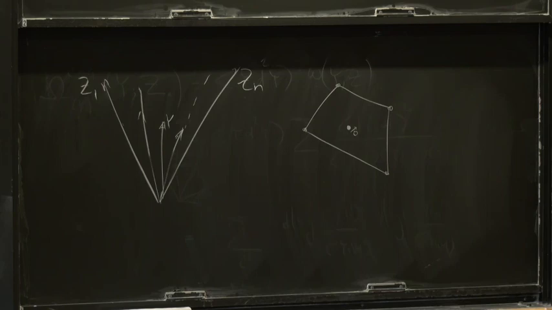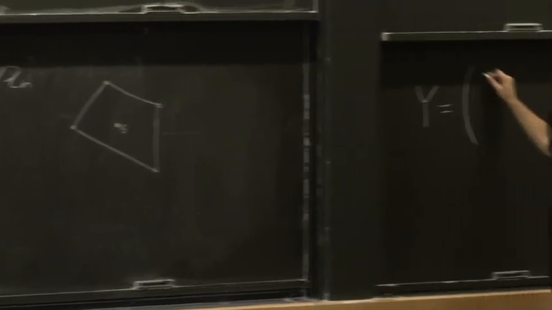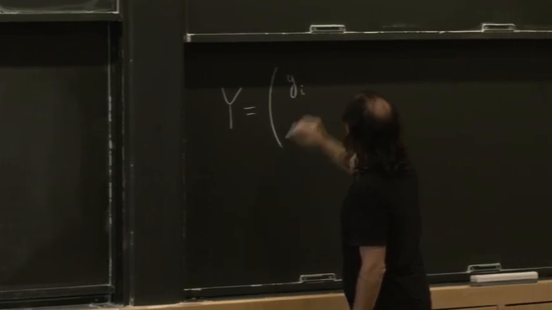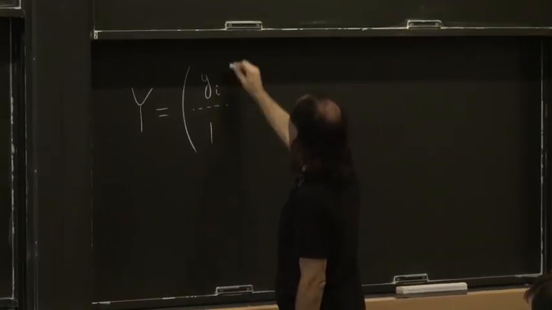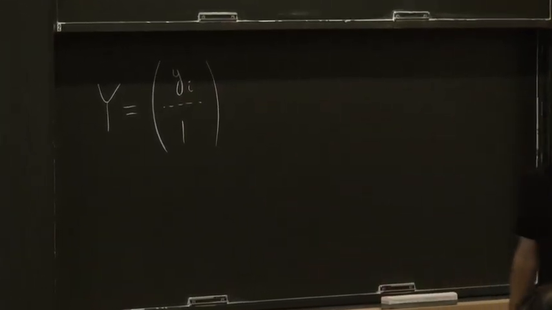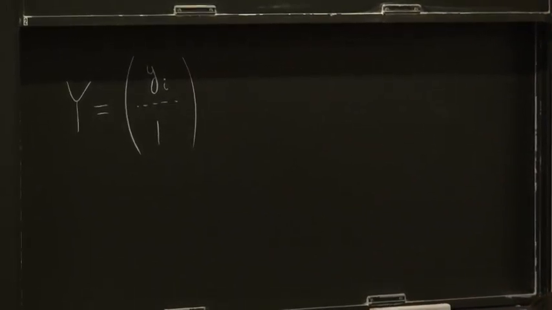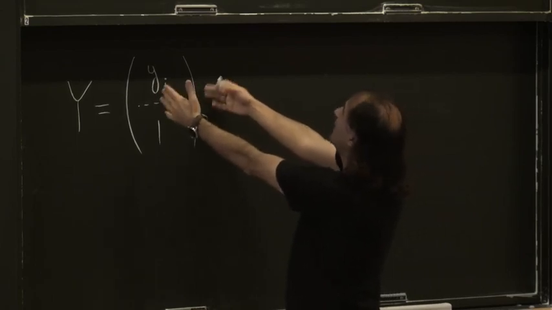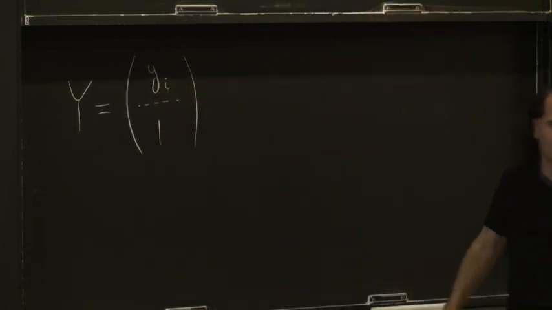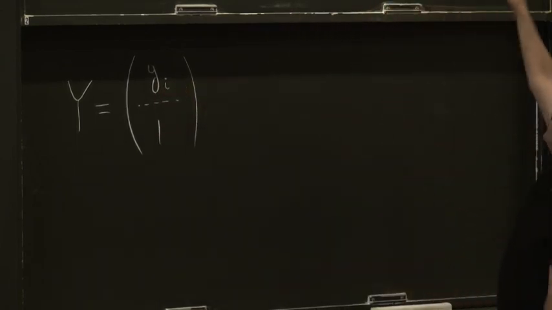For example, I can get to a totally general y. A totally general y would look like some 2-vector, yi here, and 1, let's say. Let me just rescale the bottom to be 1. So that's the most general y that I could get as I move y around. But this is just an SL3 transformation on the original one. So I know what the new z's are going to look like.